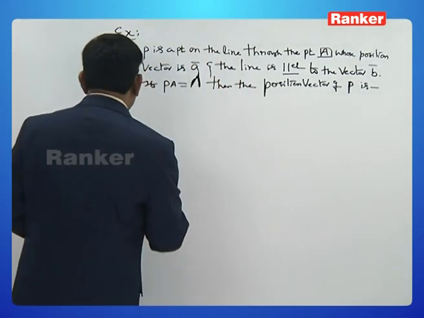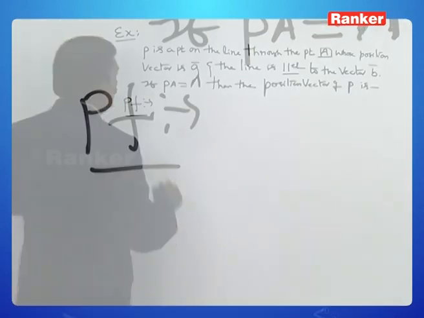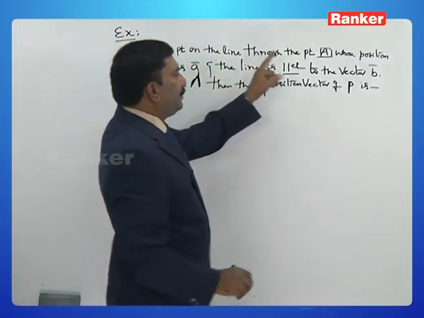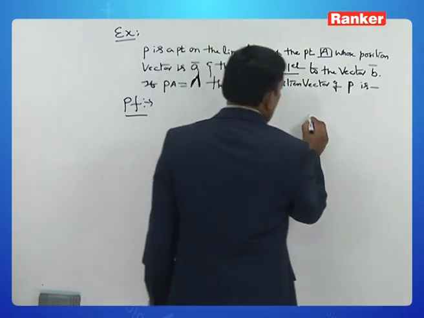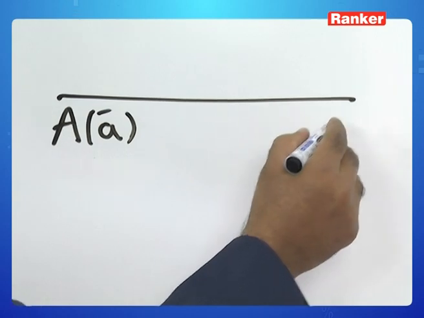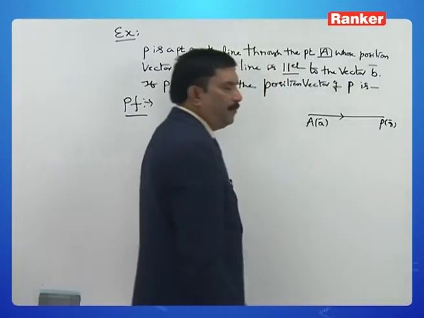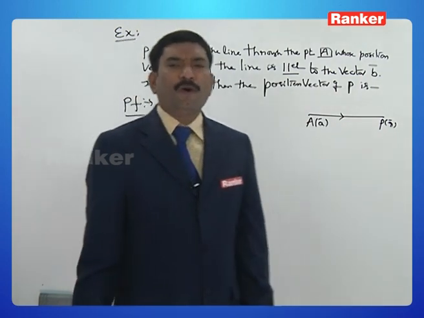Now, what is given in this application: P is a point on the line through the point A. I am going to select A with position vector a bar, and P with position vector r bar. AP bar is one vector.